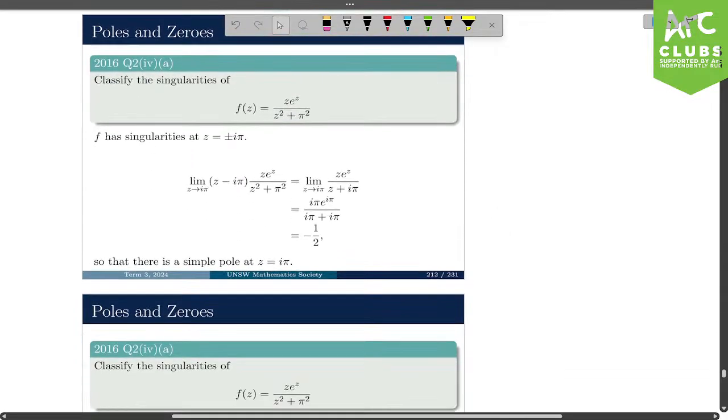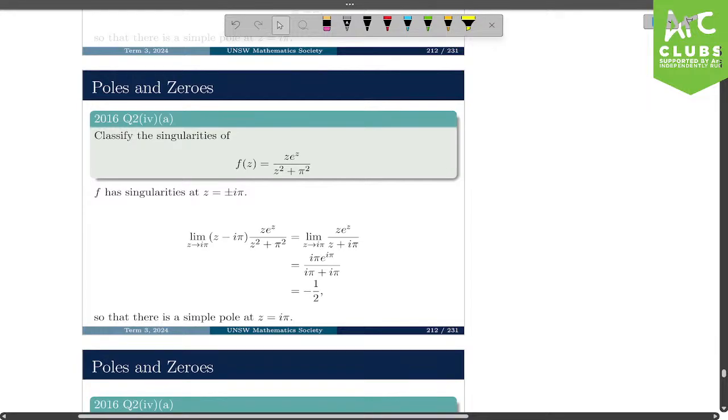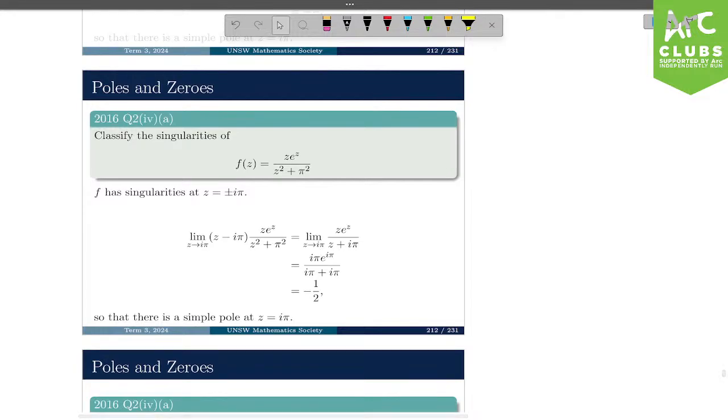So, we move forwards. Let's double check at these points what the limit is. Let's look at the numerator. Does the numerator equal 0 at these points? No, it doesn't. Therefore, it is not going to be removable. So, we try with power 1.